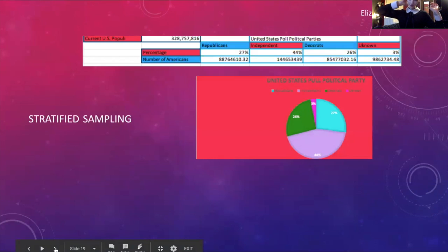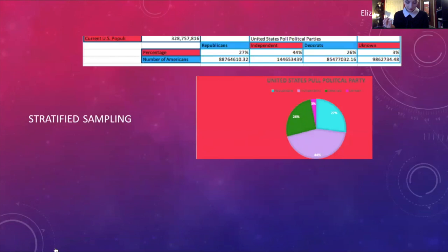Stratified sampling. So we use stratified sampling to figure out the percentages of political parties. I'm not going to touch that subject. Politics are not my forte. Maybe one day, but not right now. But we used stratified sampling to figure out the percentages of political parties in the US.